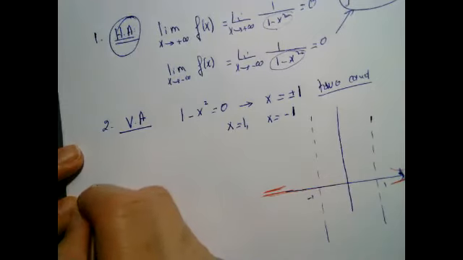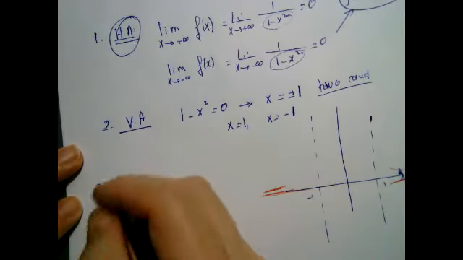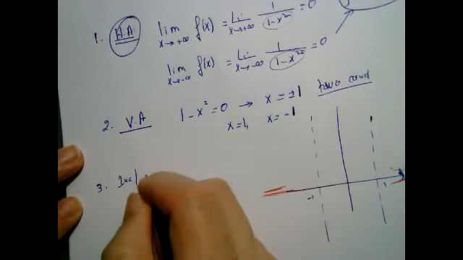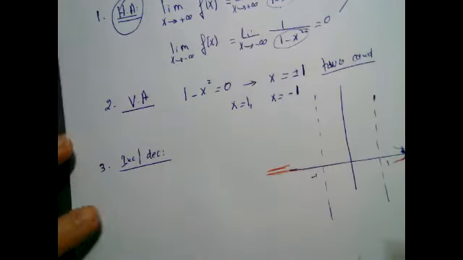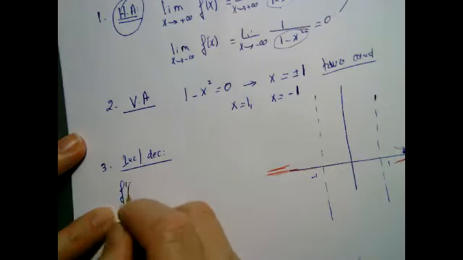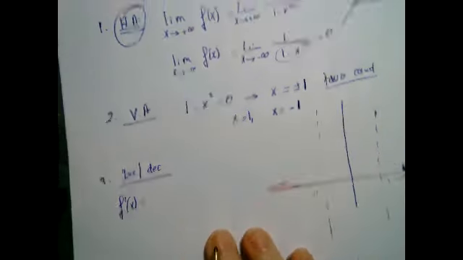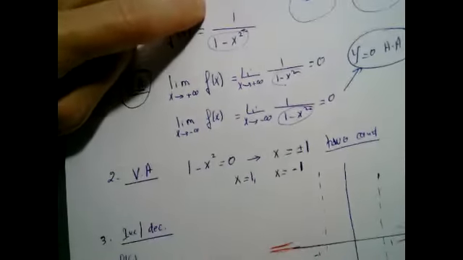So now the domain of increase and decrease. Here I have to study f prime and the sign of f prime. So what is f prime of x? All right, I'm going to use the quotient rule.